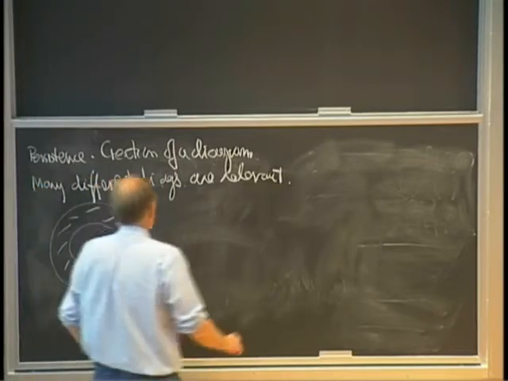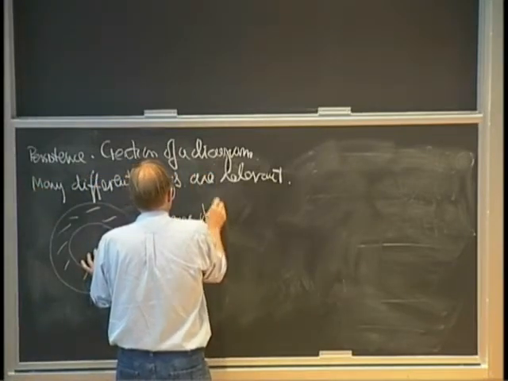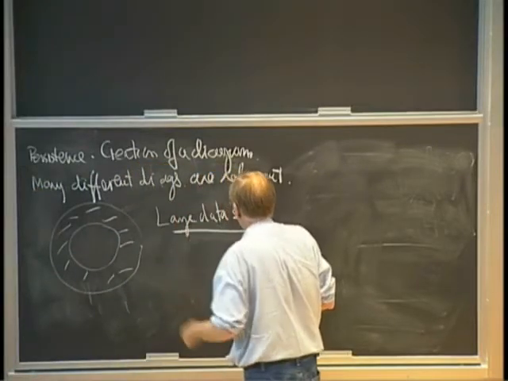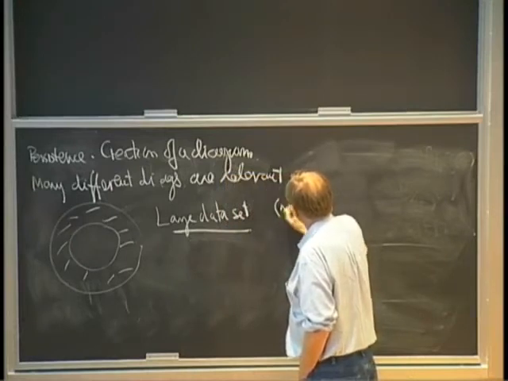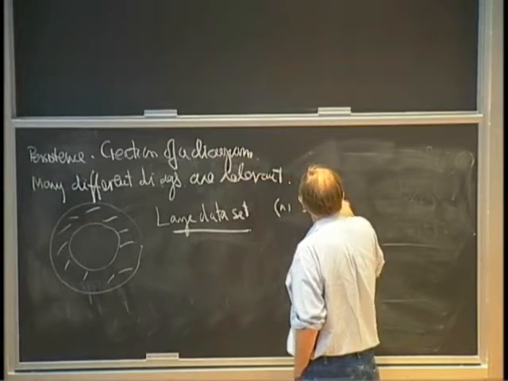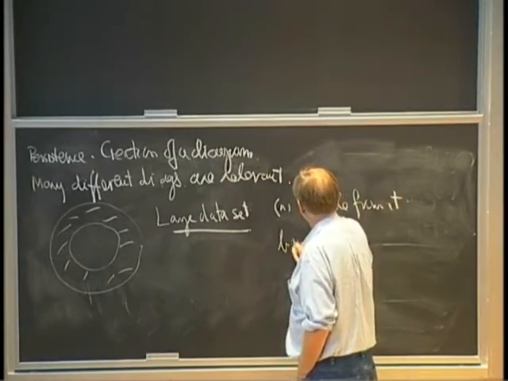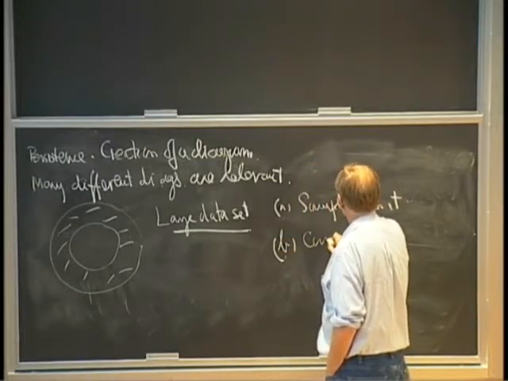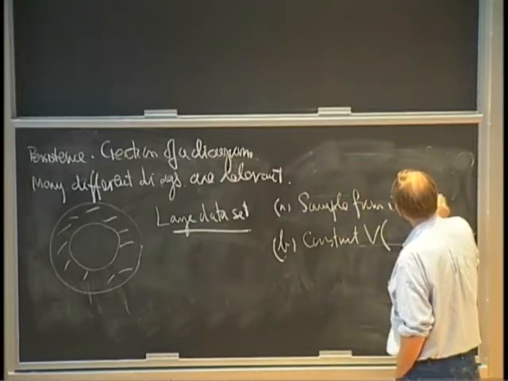So suppose that we have an experiment here. So this is a large data set. And so now I'm going to perform the following. A, sample from it. S are the samples.